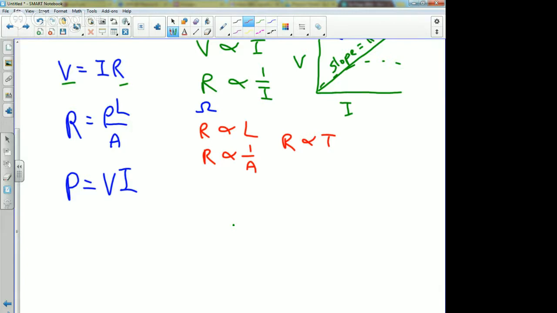Resistivity itself is like density, in that it's a constant for that substance, but it can change based on the temperature of the medium itself. So it's directly related to length, directly related to temperature, and inversely related to area.